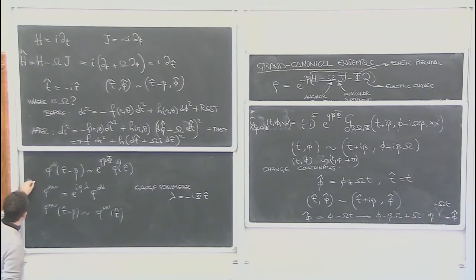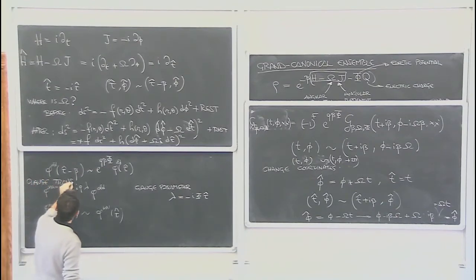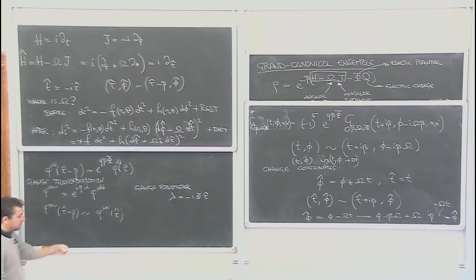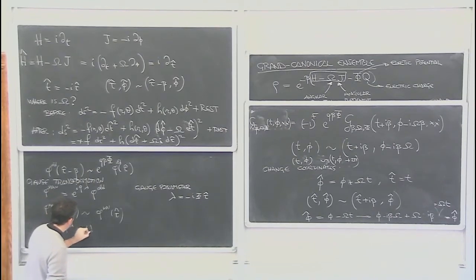So what I'm doing here is a gauge transformation. And the effect of a gauge transformation is also to shift the gauge field. You could say, okay, there was no gauge field, but it will appear in the covariant derivatives. So in general, a gauge transformation does A nu is A old plus D lambda.